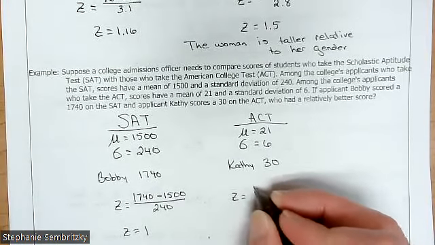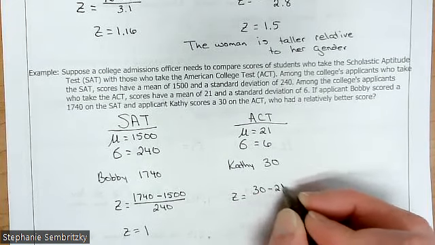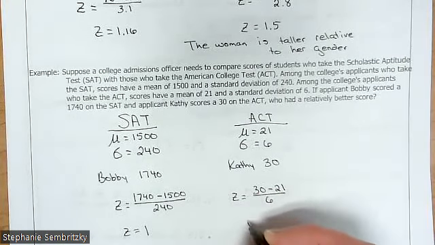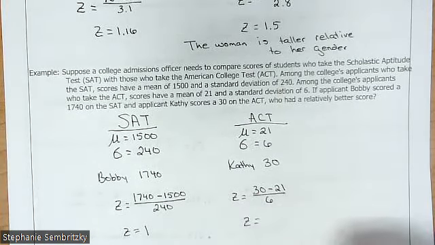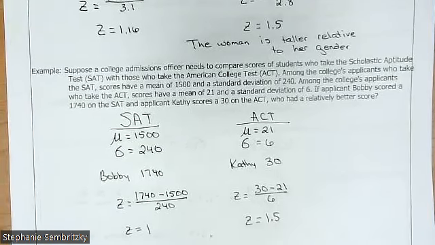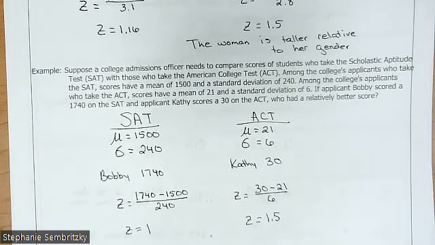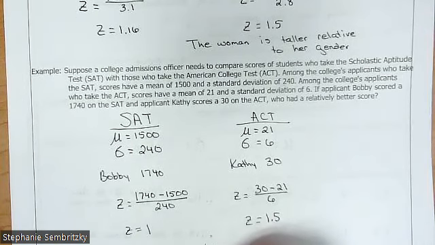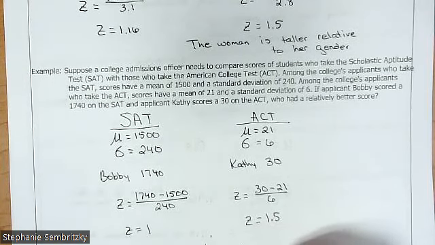Kathy, on the other hand, Kathy's z-score, 1.5. Whose score is actually better? Kathy's score is better. Kathy's score is relatively better compared to other people taking that same test.